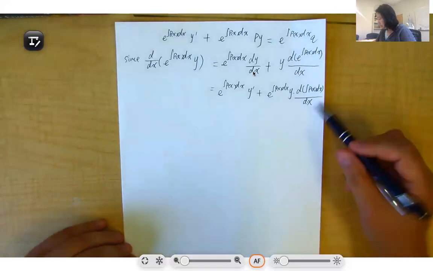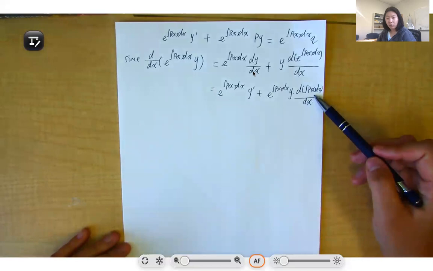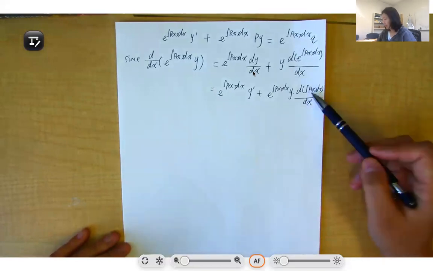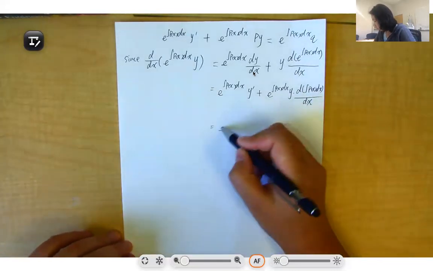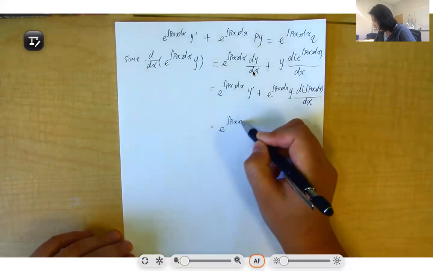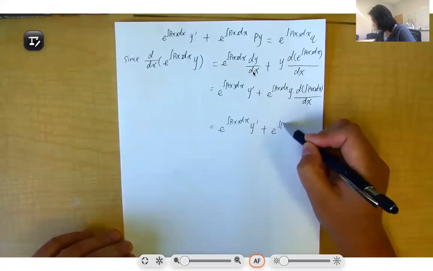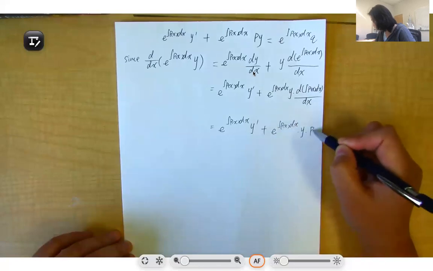And so this is the integral of p dx, and you differentiate with respect to x and it will be equal to p only. So this equation will be equal to e to the integral of p dx y prime plus e to the integral of p dx times y times p. Okay?